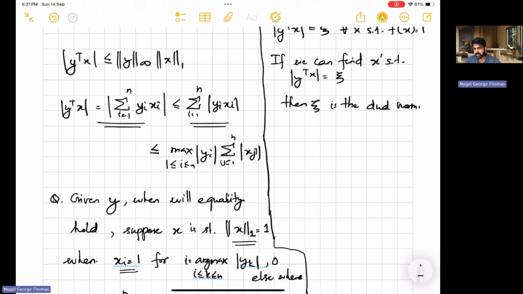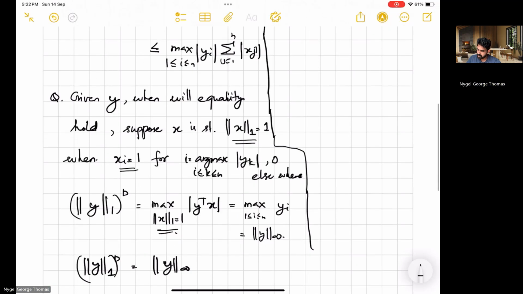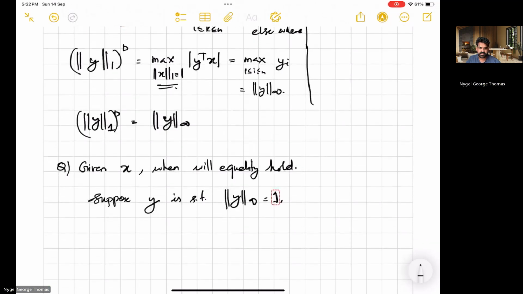Now, for this equality to hold, let's take this case: yi is equal to xi divided by its modulus for all i such that xi is not equal to 0, and 0 otherwise.